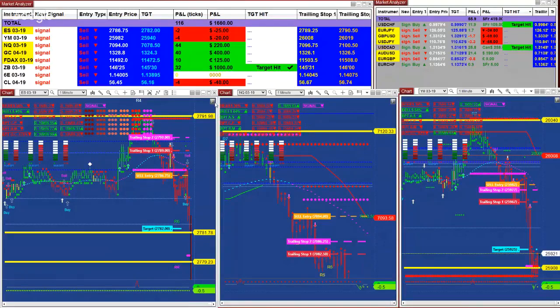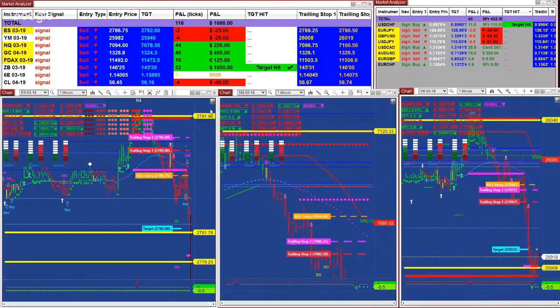Okay, now that we turned off the NT7, we should have some movement here.